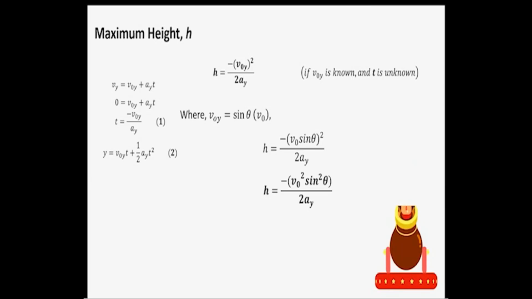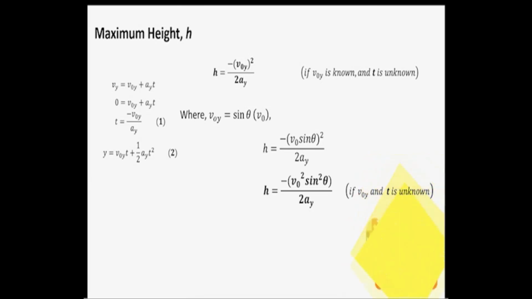Simplifying this one, our third formula for maximum height is negative v sub 0 squared sine squared theta all over 2a sub y. And if you're going to input that in your calculator, for sine squared theta, all you need to do is square the sine theta value of a given angle.